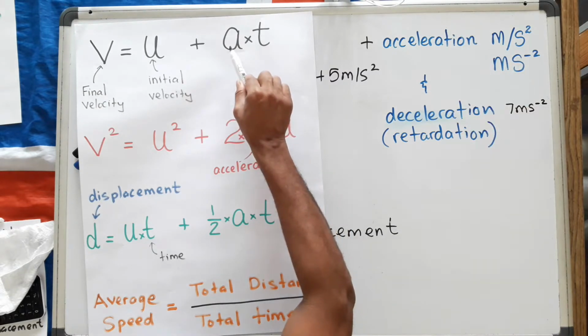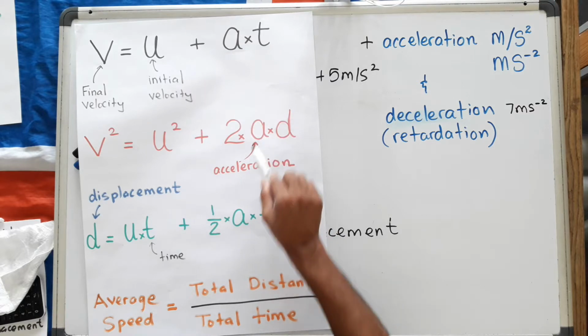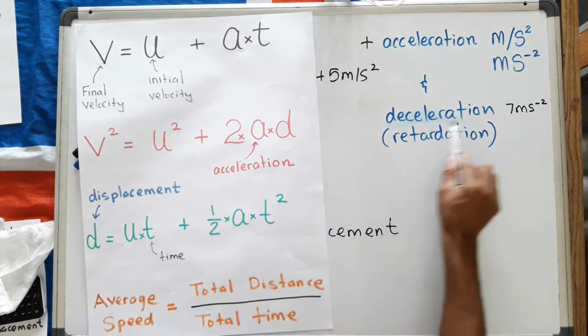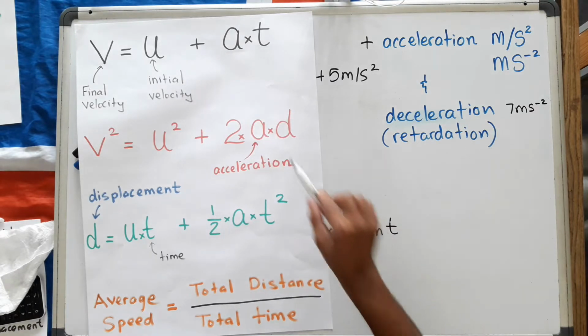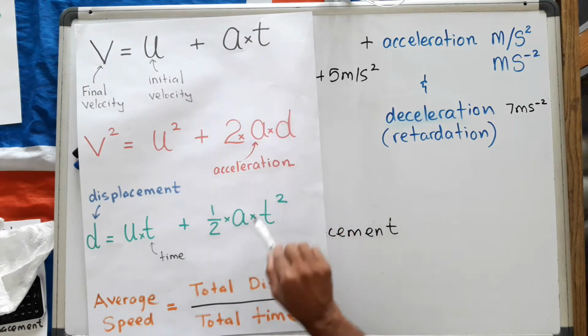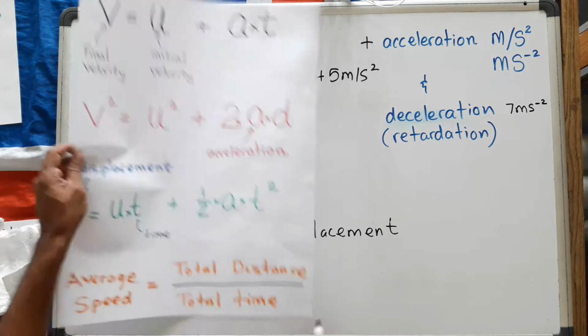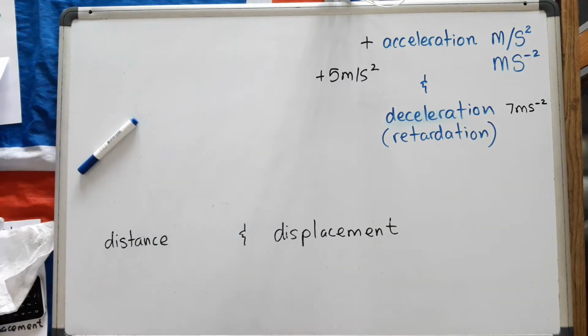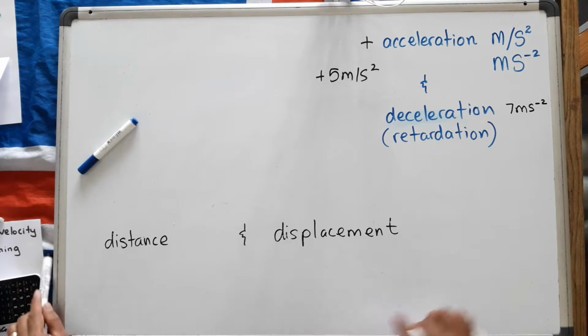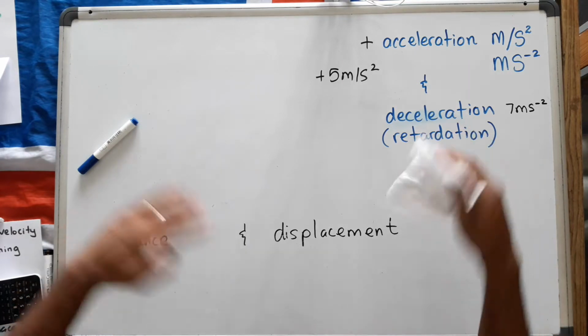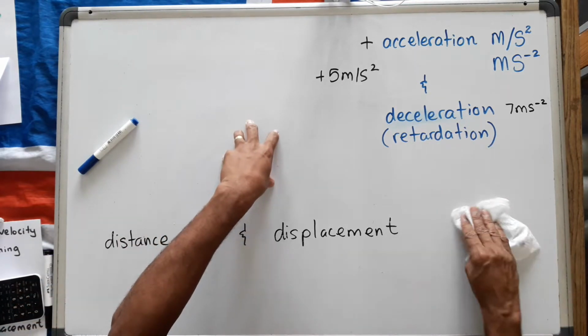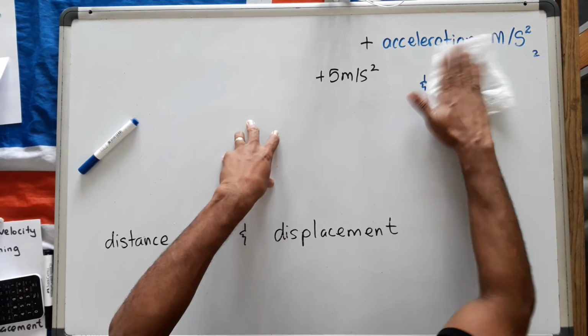So if I had to use this formula or this formula or this formula, and they told me the deceleration was 7, I would have to replace the A with negative 7. Okay? Really important to remember. All right. So that's it for that. And a deceleration would just simply make something slow down, or make it go slower.